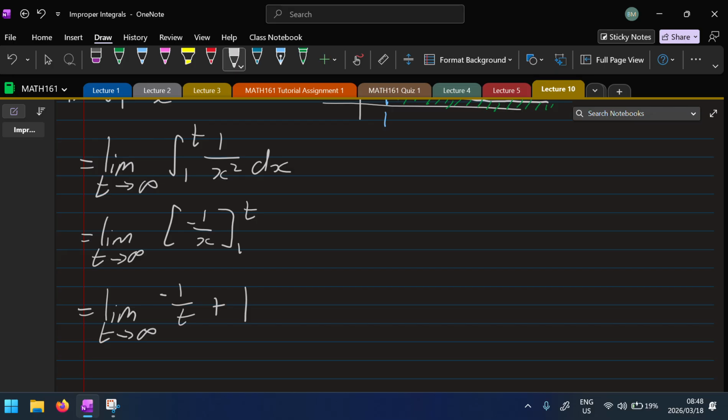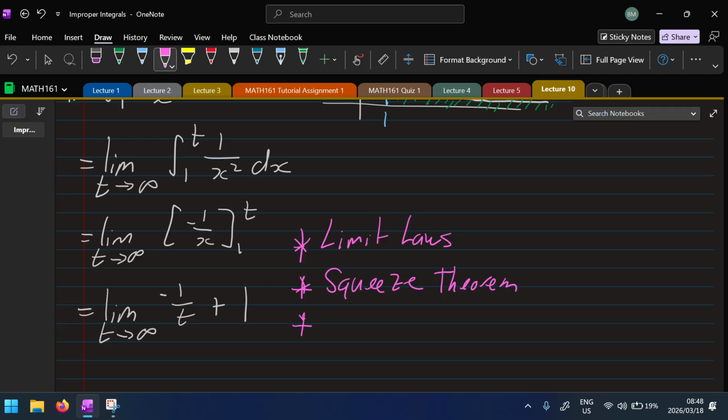Okay. Now, once we're done with the integral, then it just becomes a limit problem, right? We did lots of those last year. Limit laws, squeeze theorem, L'Hopital's rule, all of that stuff applies here. So let's just make a little note so you don't forget. Limit laws, squeeze theorem, L'Hopital's rule.